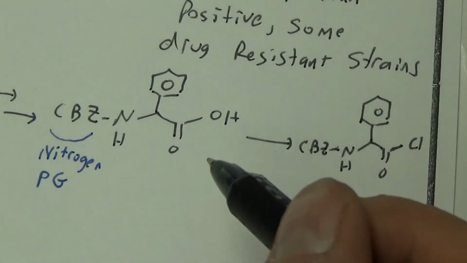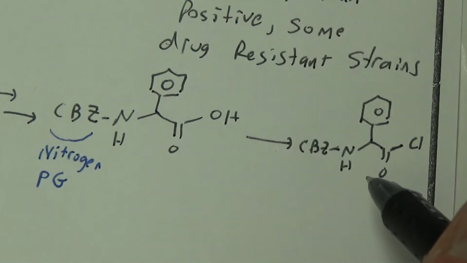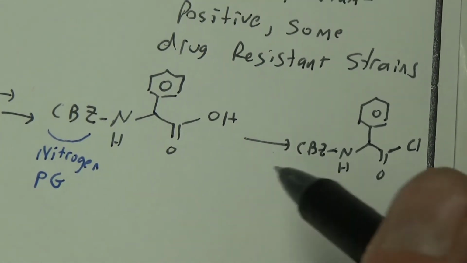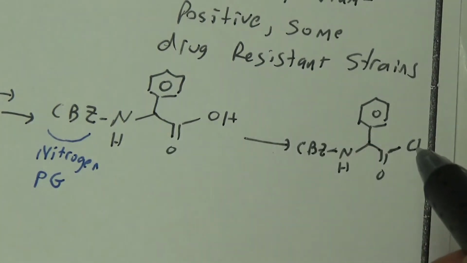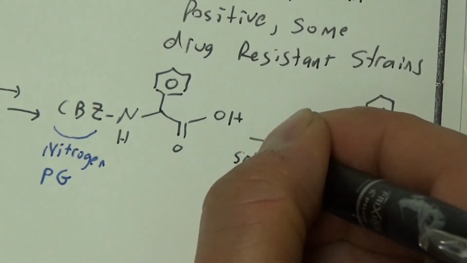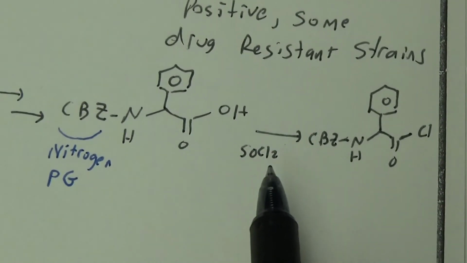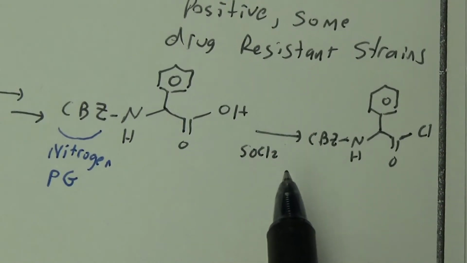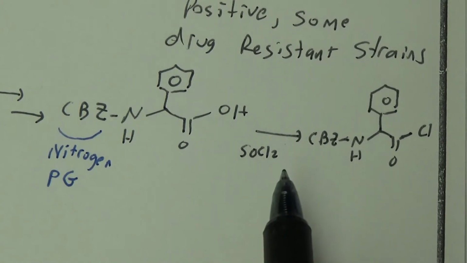There's a million ways to convert a carboxylic acid to an acid chloride. I'm really not going to talk about that, but I actually have ones I use in the lab that I like a lot that are very easy. The one you know from organic was SOCl2. In reality, not too many people use SOCl2 anymore, just because it's so stinky and kind of toxic. If you ever want to know about cool ways to make acid chlorides, I can tell you.